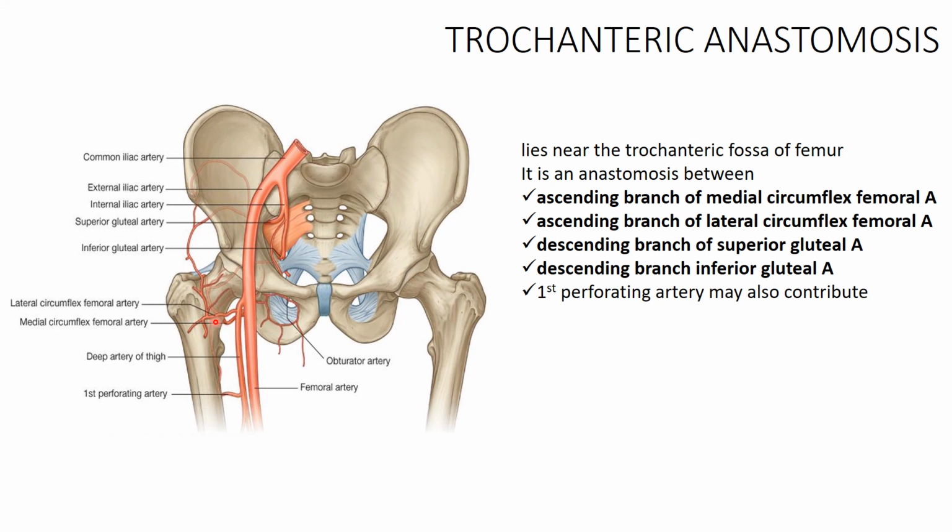This is formed by the ascending branches of the medial and lateral circumflex femoral arteries and descending branches from the superior and inferior gluteal arteries, and often the first perforating artery also contributes. So they form this anastomosis in the trochanteric fossa.